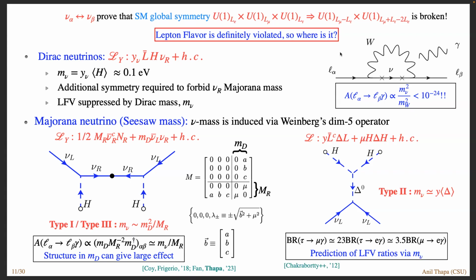Remember that to get neutrino mass, the flavor structure of the 3x3 matrix is somewhat fixed, so the Yukawa coupling is also fixed. Even though individual lepton flavor violation is small, the ratios of the lepton flavor violating processes are uniquely predicted, as shown by this group.